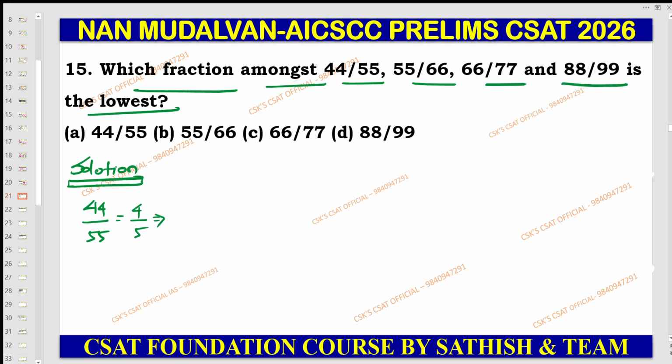That helps you in the examination hall. Even if the question looks complicated, you know the school mathematics, so easily you can apply it. So 4 by 5. Then 4 by 5 becomes 0.8.